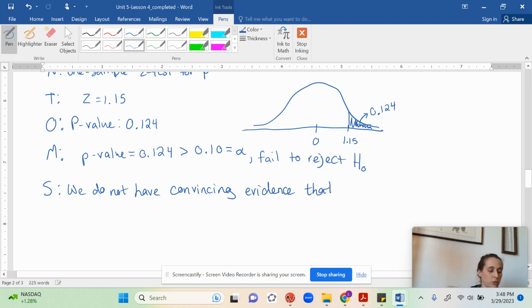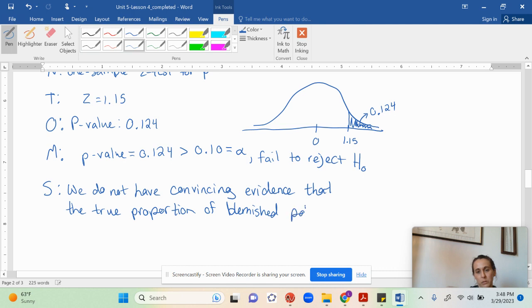So the alternative was that the true proportion of blemished potatoes in the shipment is more than 0.08. We did not find evidence for that.